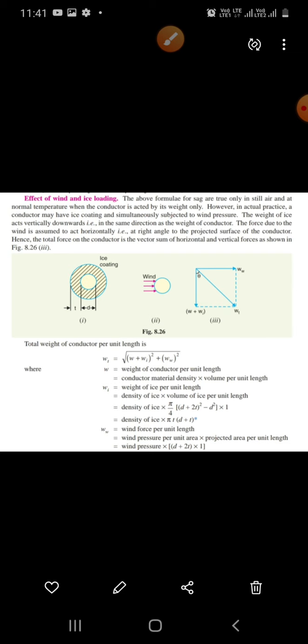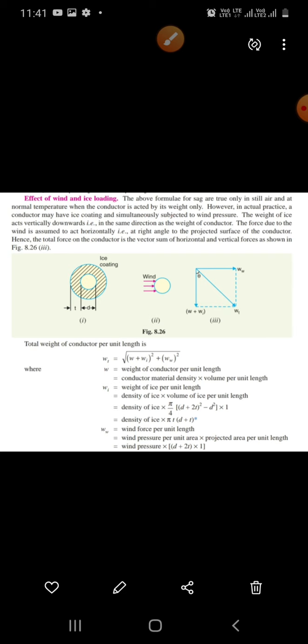Then ww is the wind force per unit length, which is wind pressure into projected area per unit length, that is wind pressure into (d plus 2t) into 1. So the overall weight of conductor per unit length is Wt equal to root over (w plus wi) whole square plus ww square.